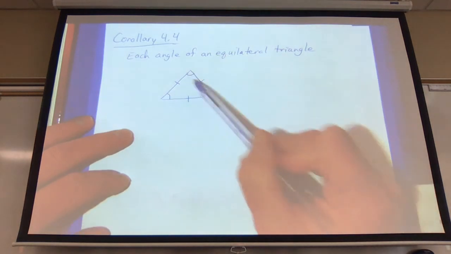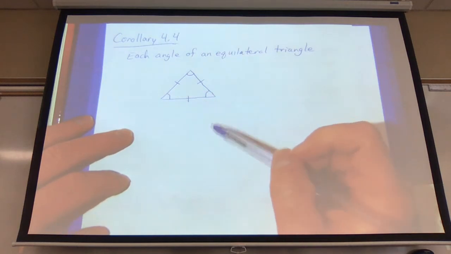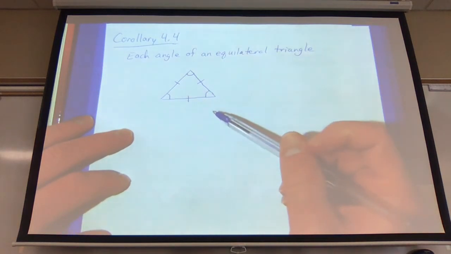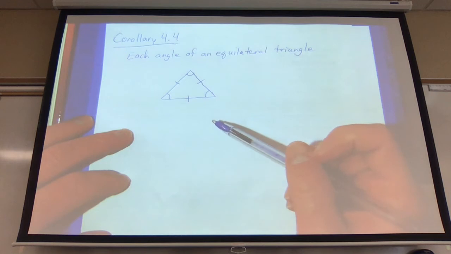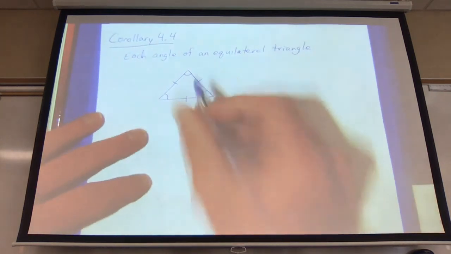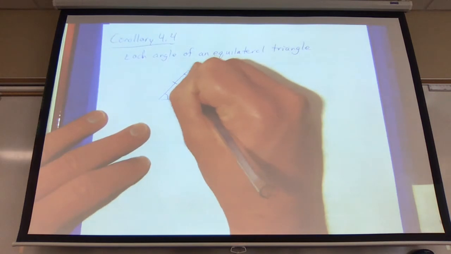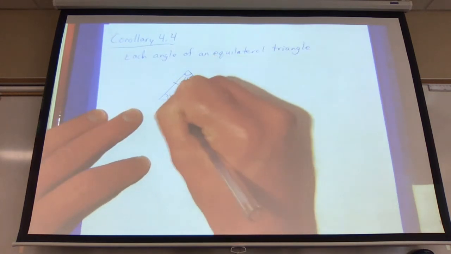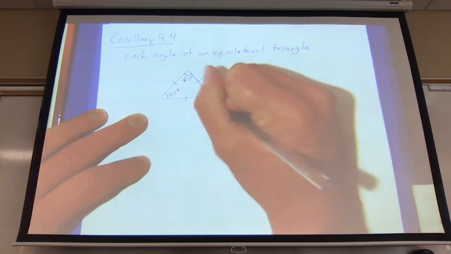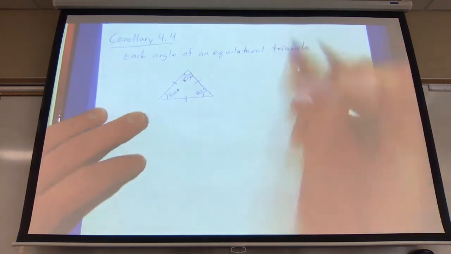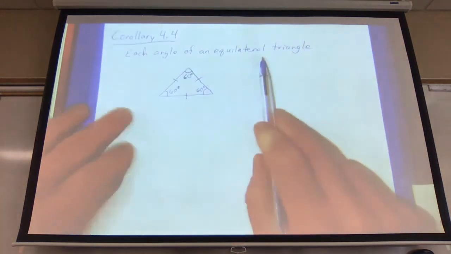All three of them are going to add up to 180. They're all the same. What would each angle have to be? It's going to be 60. If you take 180 divided by 3, you get 60 degrees for each of these angles. So now, anytime we have an equilateral triangle, we're going to know that each angle is going to be 60 degrees. So that's how we finish this one off.